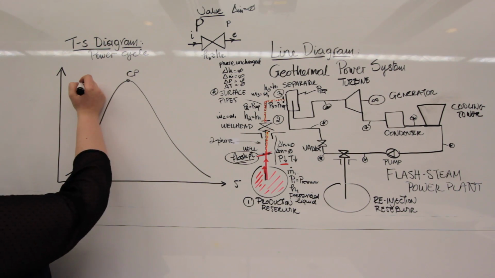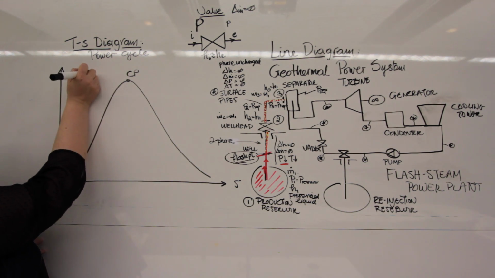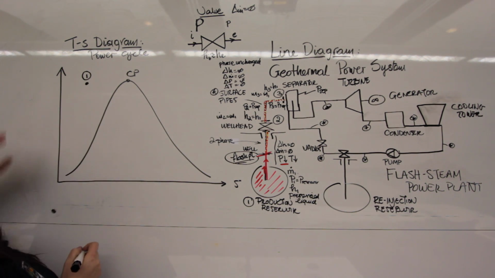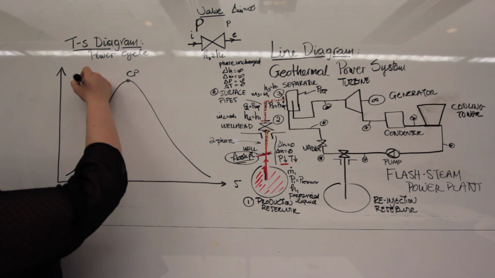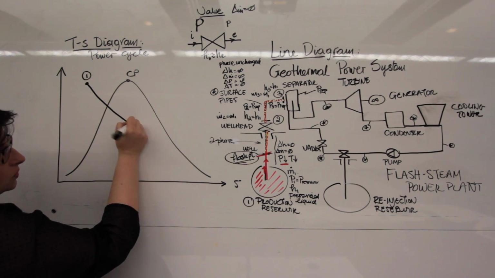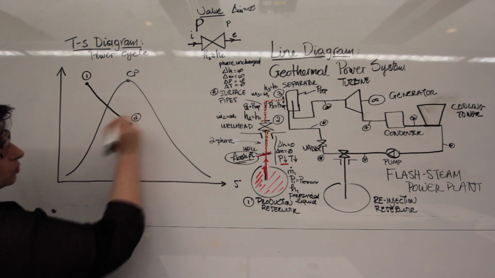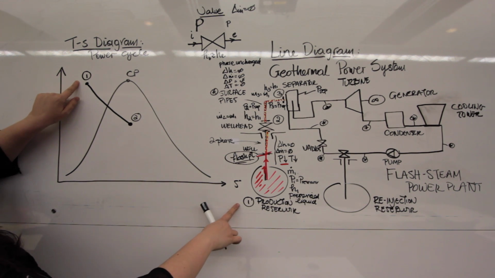So we're going to start off somewhere up here, and I'm exaggerating this distance just for the purposes of demonstrating this example. And I'm going to drop in here and go to point 2. So where are we? Point 1, production reservoir.